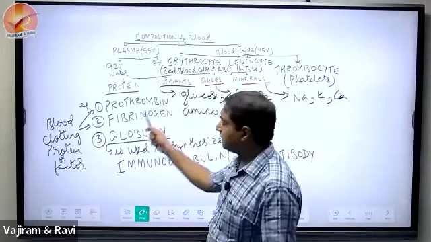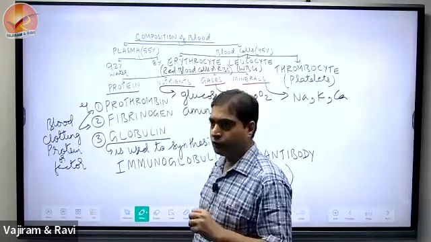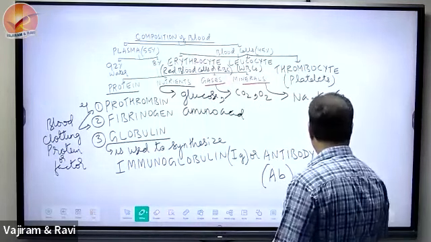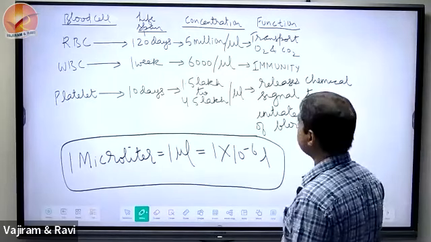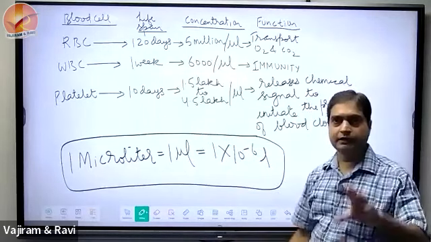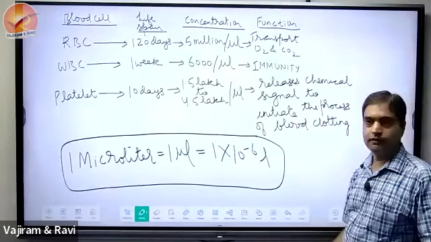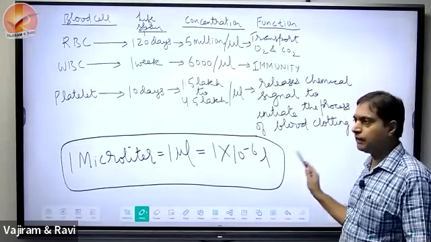So, whenever there is some injury to the body, to initiate the process of blood clotting, the blood platelets, as you can see here, after the injury, release a chemical signal to initiate the process of what? Blood clotting.